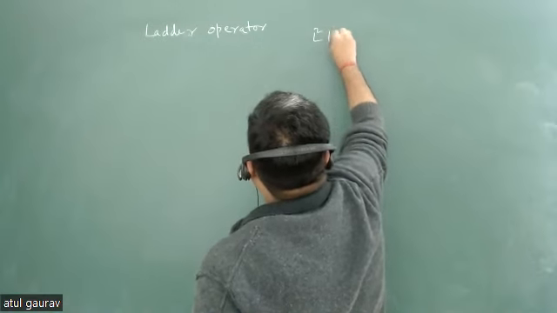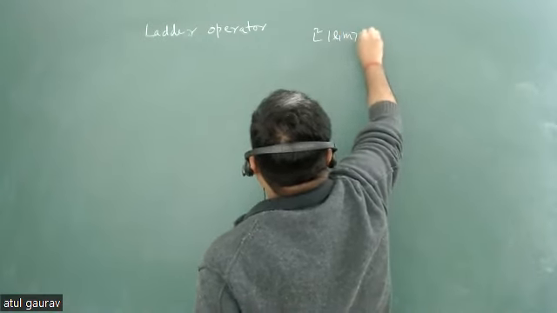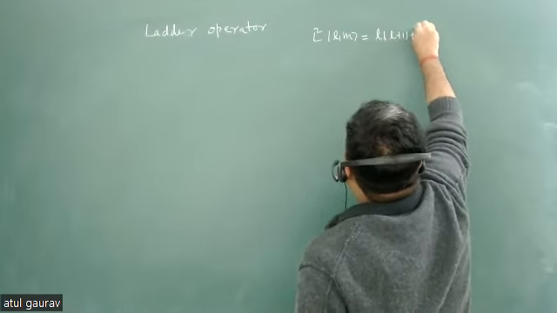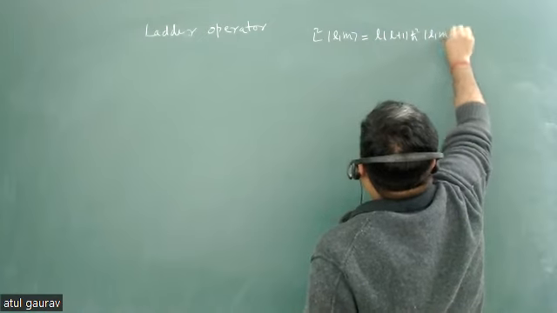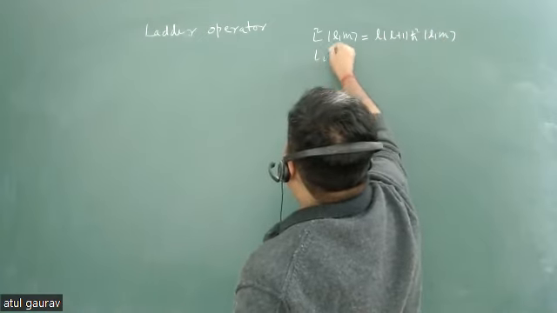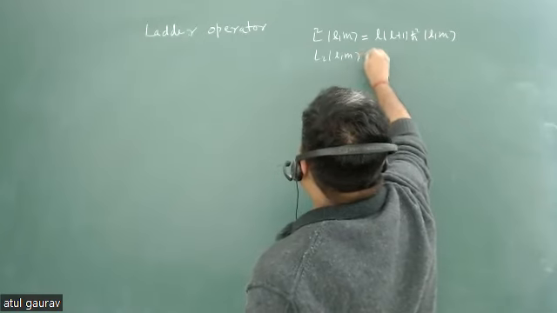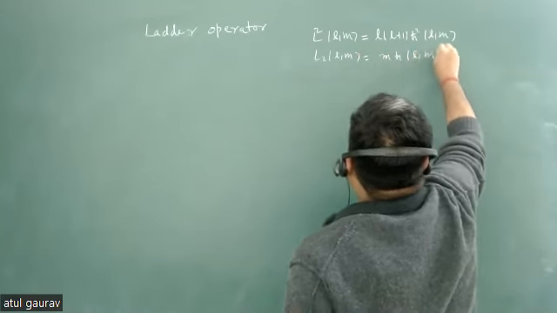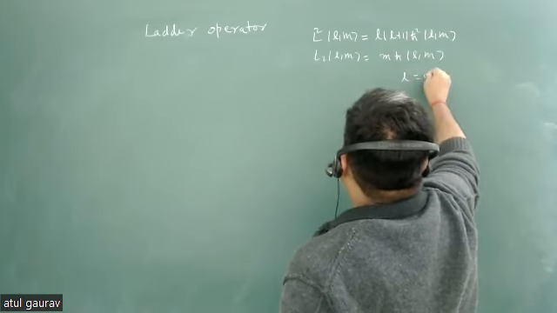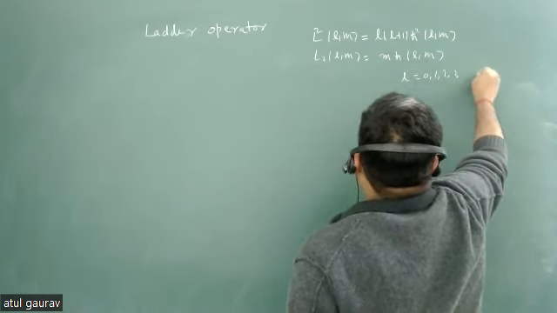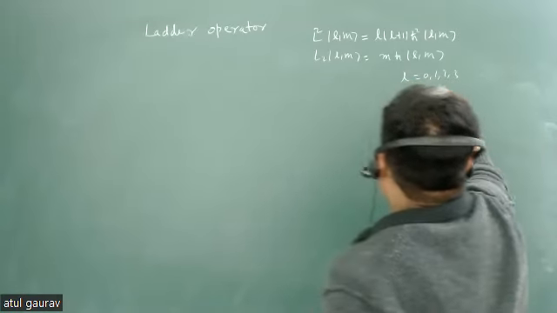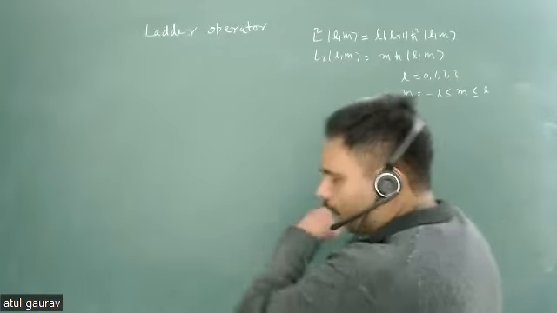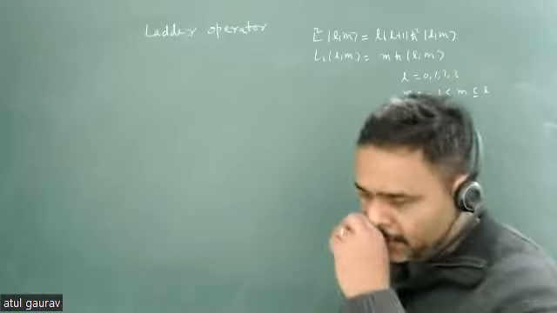L square operating on |l m⟩ gives l(l+1)ħ² |l m⟩, and Lz operating on |l m⟩ gives mħ |l m⟩, where l is 0, 1, 2, 3 and so on, and m goes from minus l to plus l. We will prove this again.